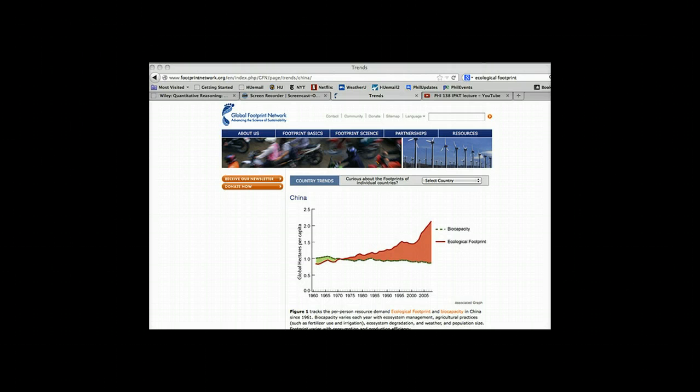And then again, for yet a different kind of contrast, here is China, which again, according to this analysis, started out in the 60s with its ecological footprint being below its biocapacity, but with rapid industrialization, the ecological footprint is now vastly exceeding the biocapacity of China.